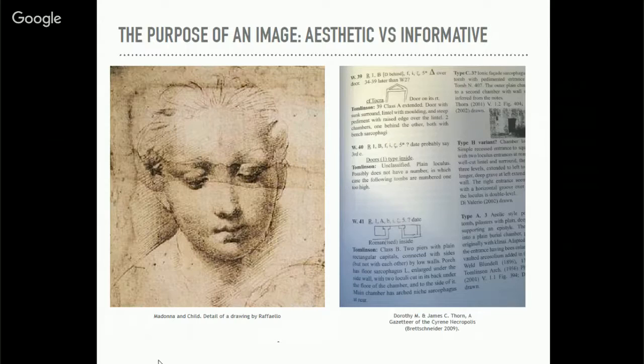So this, as an aesthetic purpose, it has to be beautiful. This has an informative purpose, and it accomplishes it well. I'm not interested in the fact that these lines are a bit wobbly, or that it's not a perfect drawing. I don't care, because what is interesting in this drawing is the information that is in it. It's the shape of the entrance of a tomb.